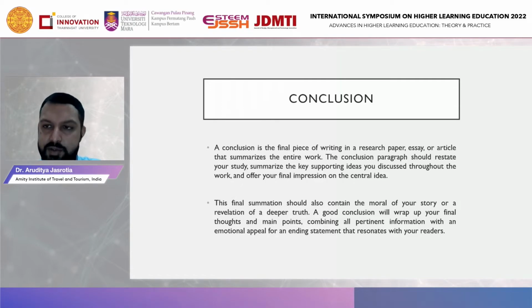It summarizes your entire work. Discussion's aim is not to summarize your entire work. Sometimes, in my experience, if I get a research paper to review, people, in the conclusion only, discuss the results and summarize what they want to say.